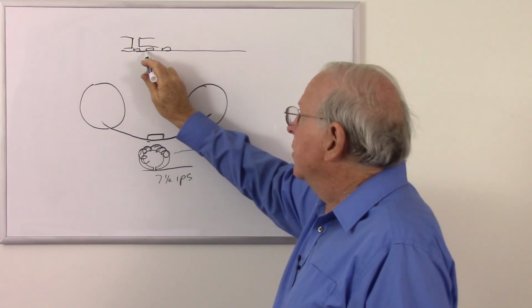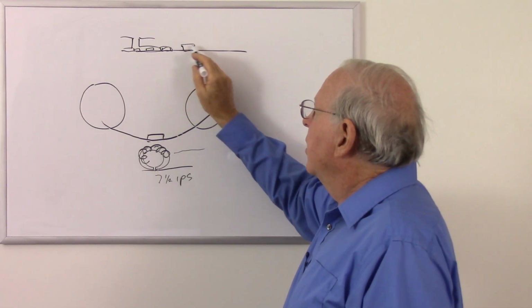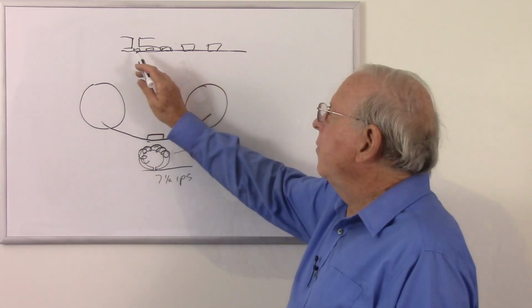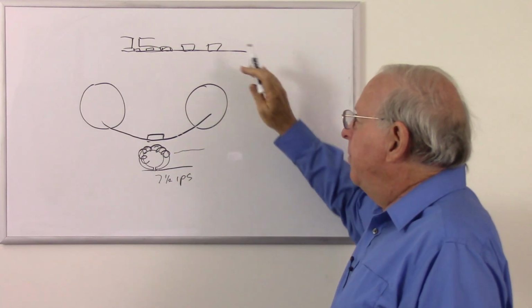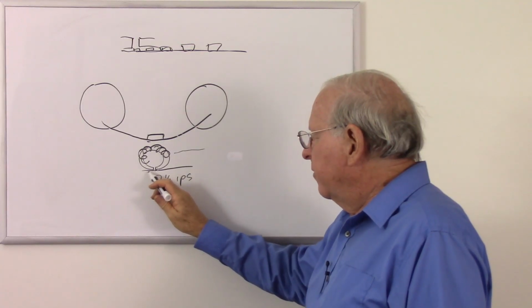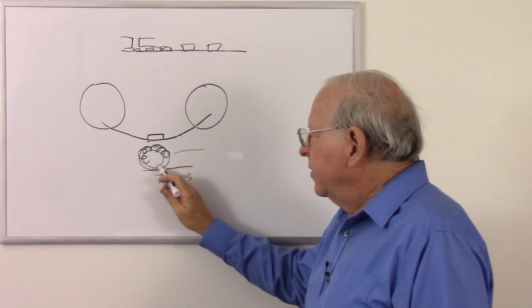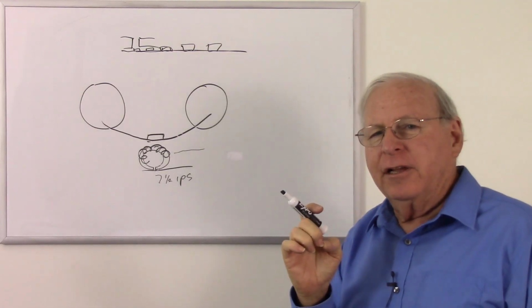But if we moved the tape faster, we could get those further apart so they wouldn't overlap. So the smaller the gap, or the faster we move the tape, the higher our frequency response would be. And like I said, at 7.5 inches per second, with the gaps of the time, we could get a frequency response up to about 20 kilohertz.